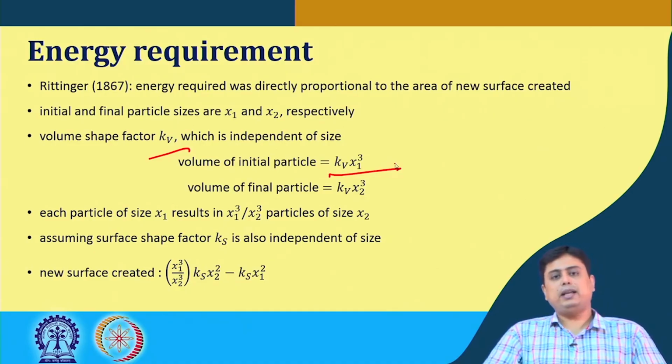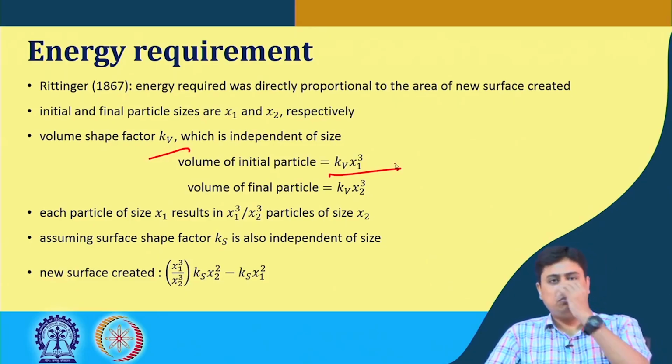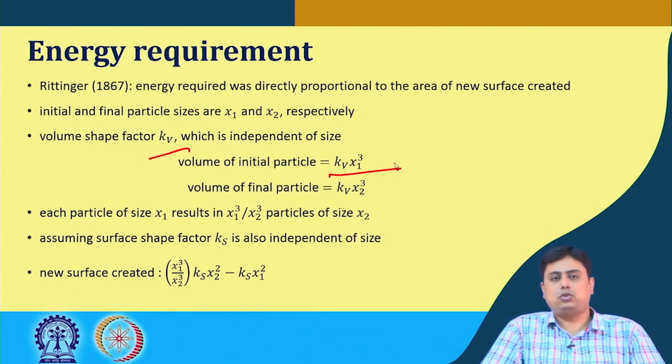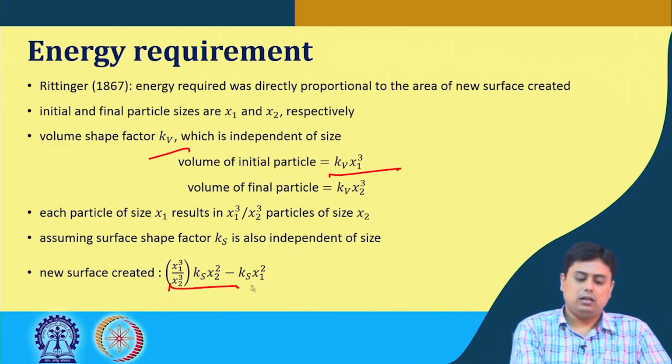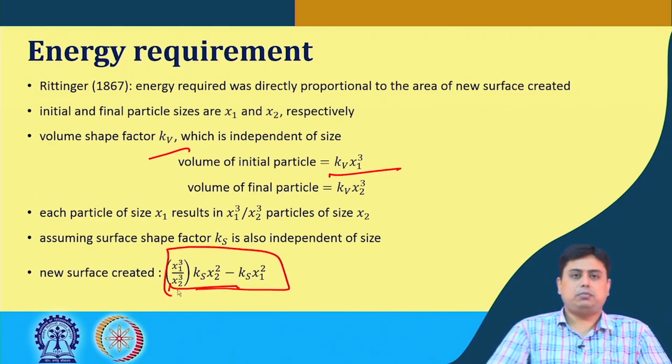So, from each particle of size x1, it would result in x1 cube by x2 cube number of particles of size x2. If we also assume that the surface shape factor Ks is also independent of size, then the new surface that is being created is nothing but this total expression, this complete expression.